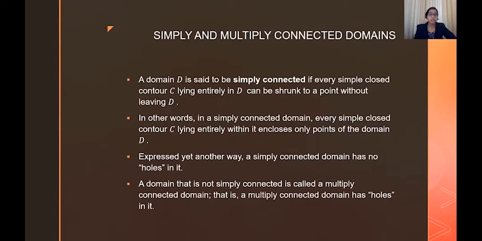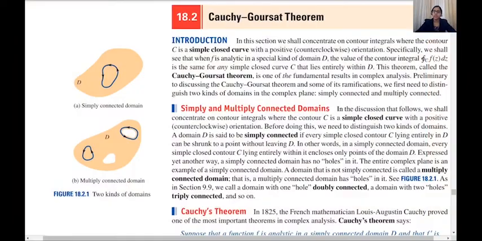If we look at the figure given in your textbook, you can make it much clearer. Just look at figure 18.2.1a. This is a simply connected domain because I am considering this contour, and in whatever way I shrink it, it will again contain points in the domain itself, or it has no holes in it.